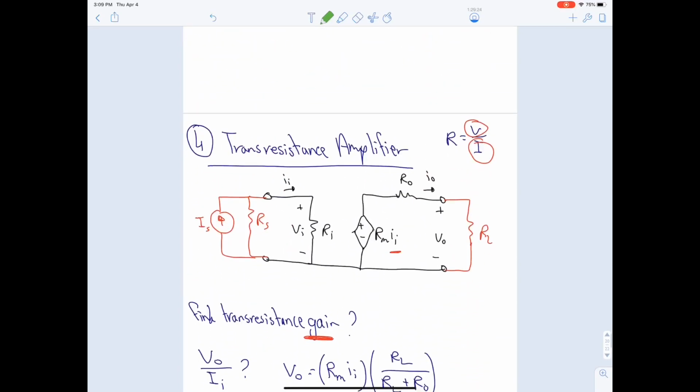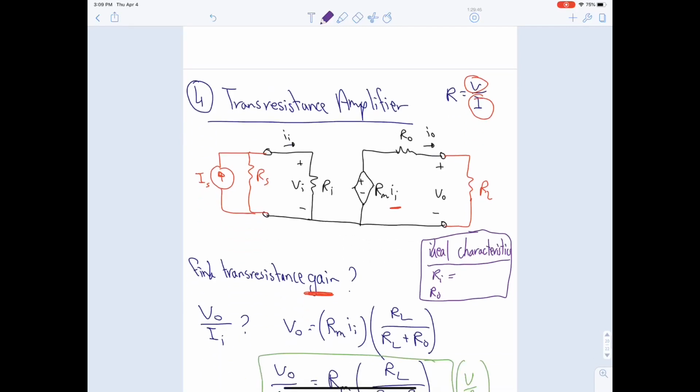Finally, let's talk about the ideal characteristics. What should happen to Ri and Ro for the amplifier to become ideal? Okay, so we need this entire current to be propagated to Ii. What should happen to Ri? Short or open?